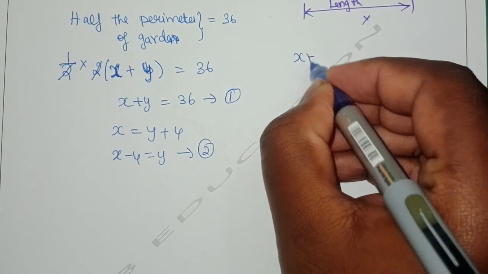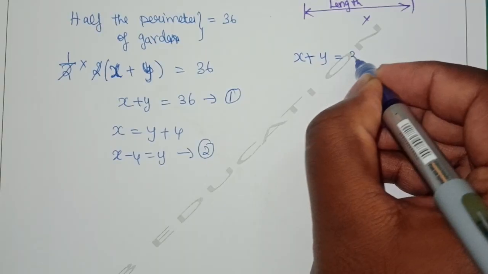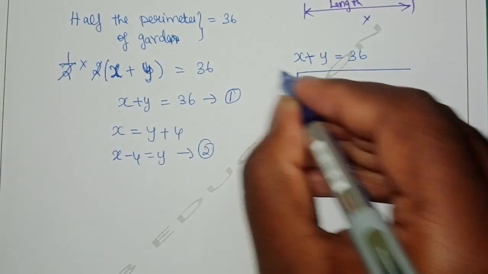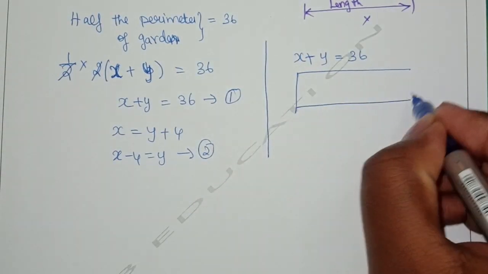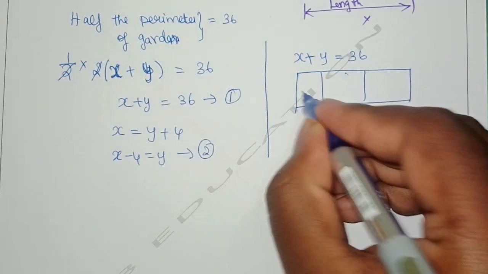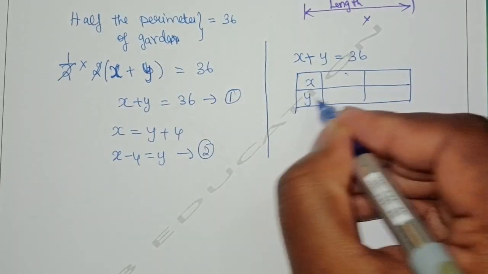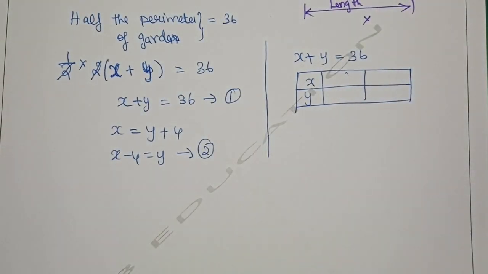The first equation is x plus y equal to 36. Using 0 is very complicated, as 0 comma 36, 36 comma 0, plotting 36 in the graph may lead to more difficulty.